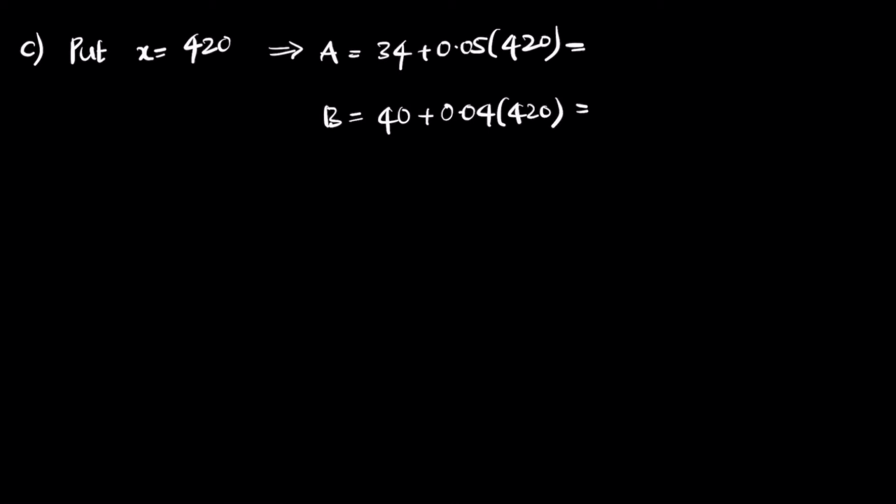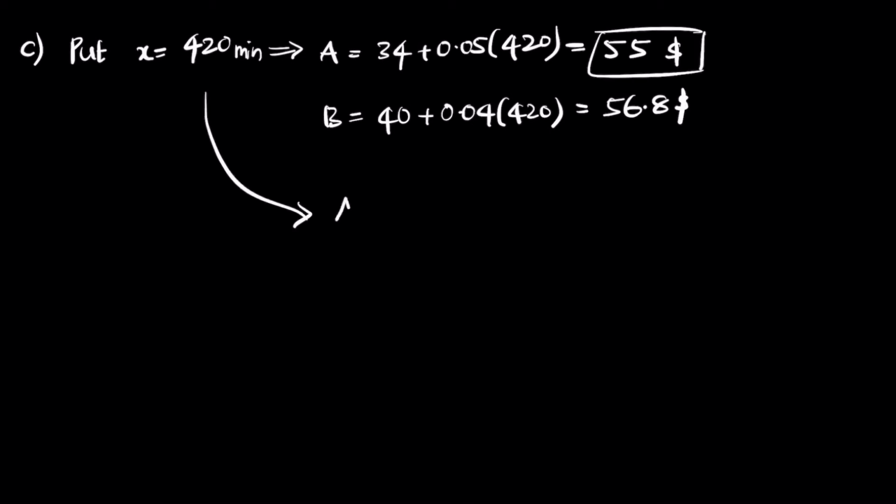When you calculate, you get $55 for company A and $56.8 for company B. So when X is 420 minutes, A is cheaper because A costs less. So A is the better plan.